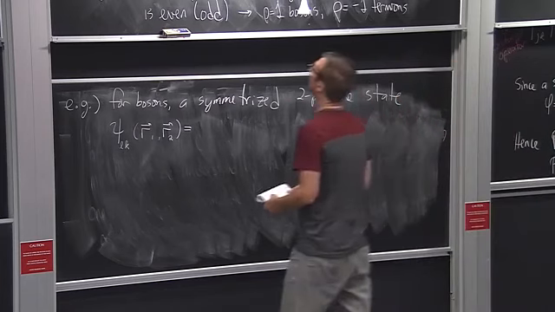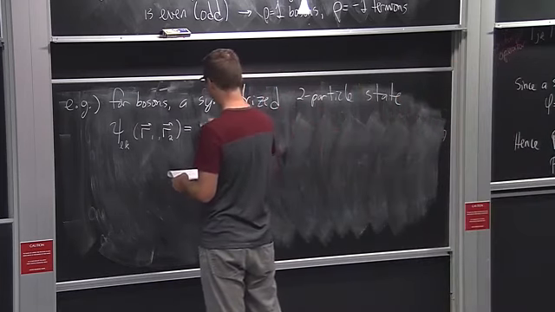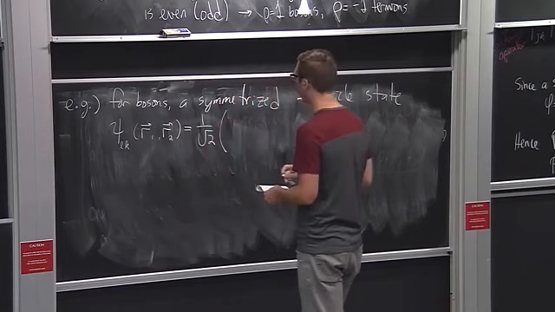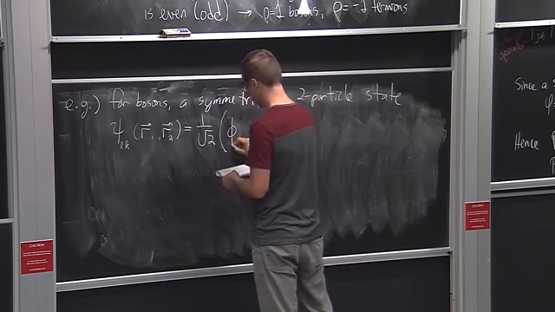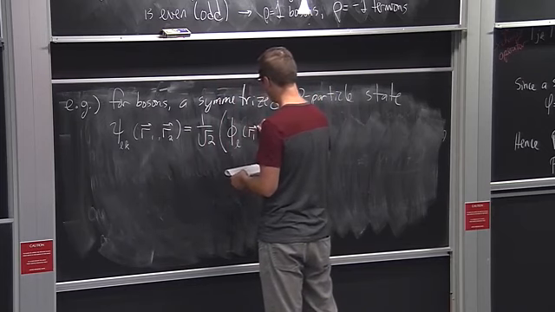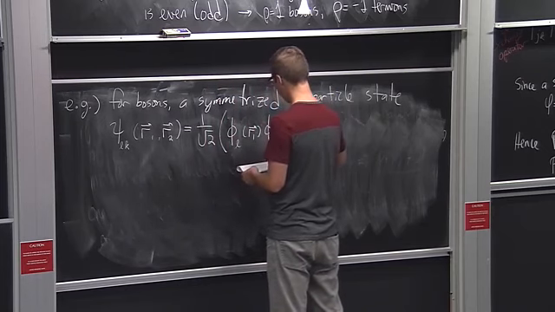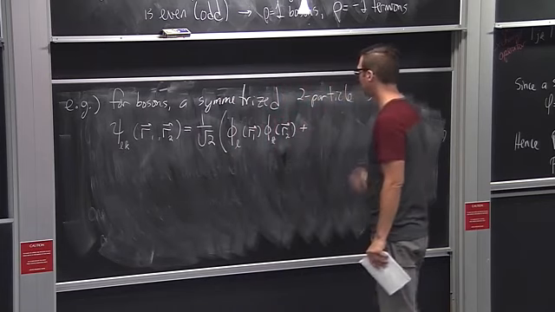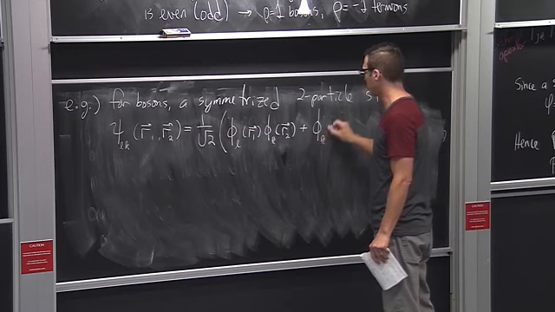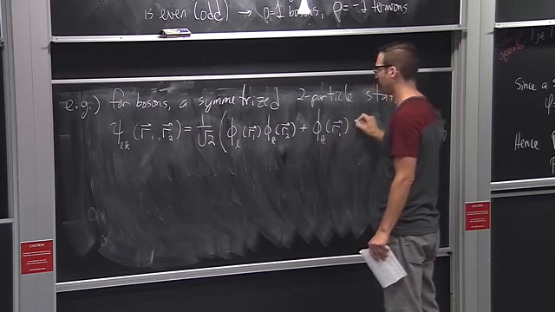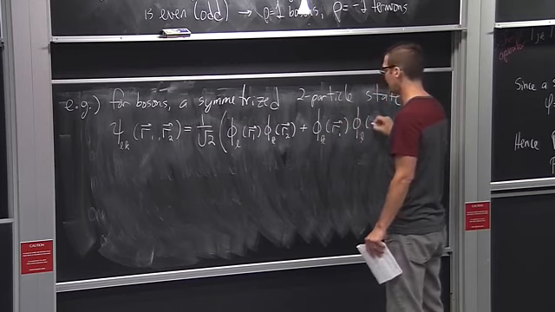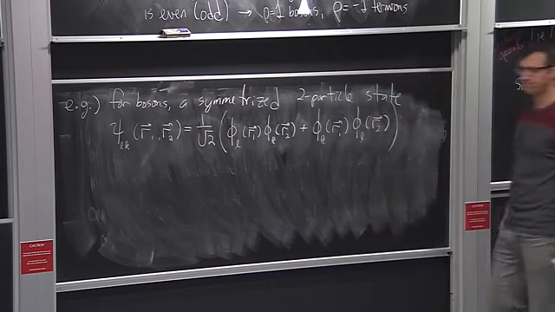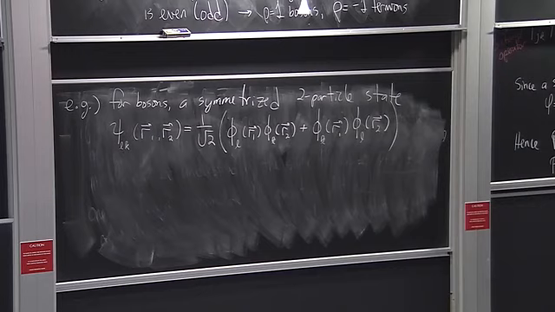I need a 1 over root number of particles factorial, and then a sum over all possible permutations: L, K, R1, R2, and K, L, R1, R2. So it's exactly what you expect for bosons.